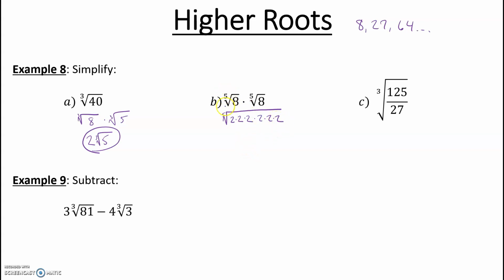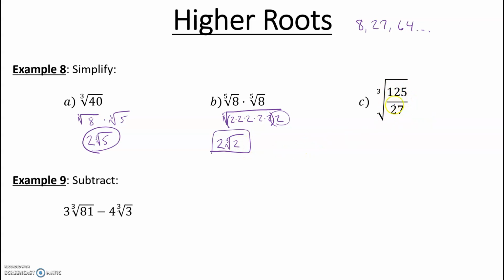You want a group of 5 for a fifth root. So we have 1, 2, 3, 4, 5. If I take the fifth root, I'm going to take out a 2. I still have a fifth root, and it looks like one little 2 is left behind. So we got 2 times the fifth root of 2.